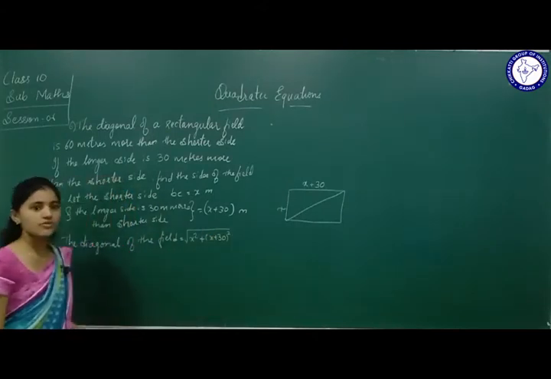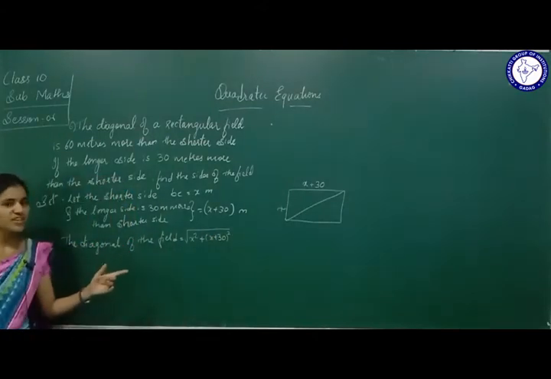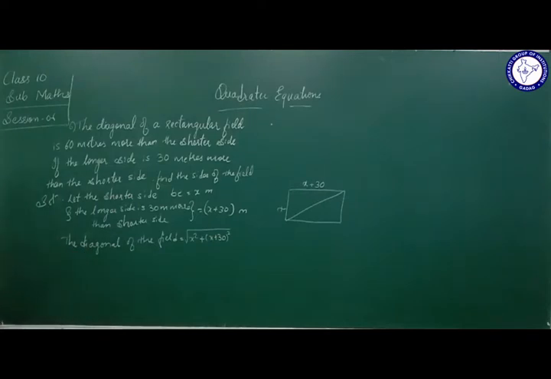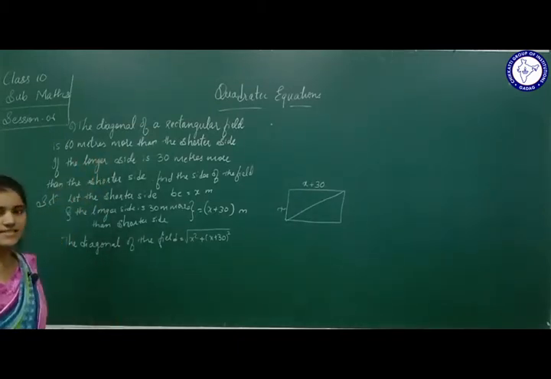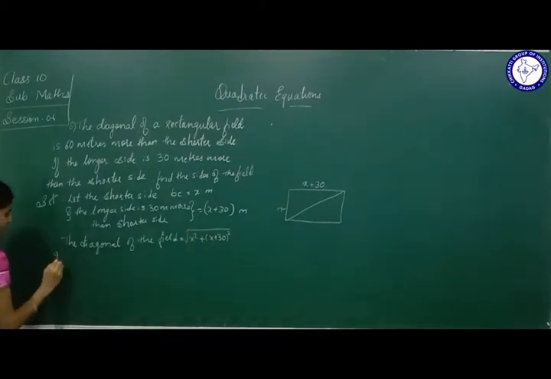This is what we are going to take as the diagonal of the rectangular field. Now, what is given? It is given that the diagonal of a rectangular field is 60 meters more.